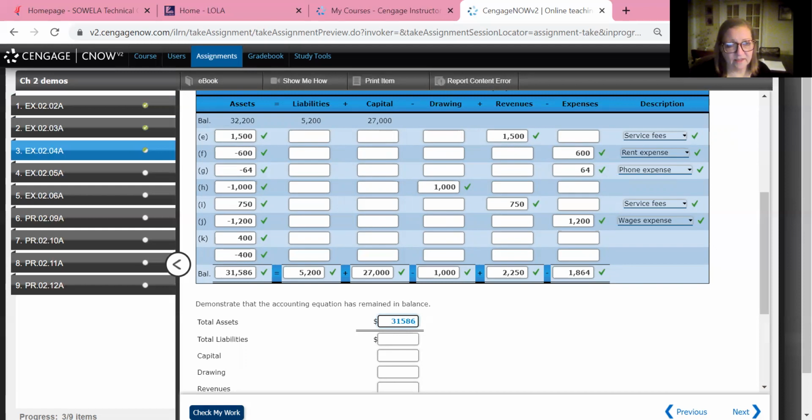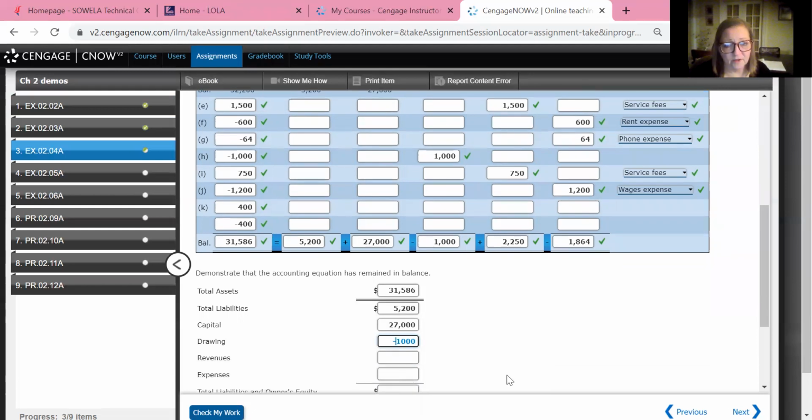31,586 was the assets. Total liabilities was 5,200. I'm pulling from my spreadsheet. You see that, right? For these two numbers right here so far. The capital was 27,000. The drawing was 1,000. And it's a reduction, so let's put a minus on it.